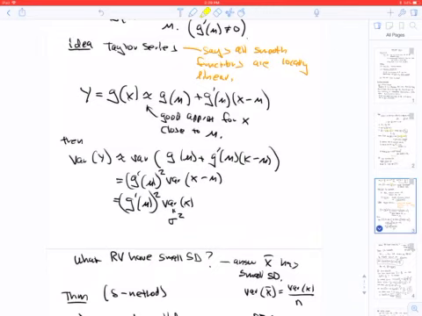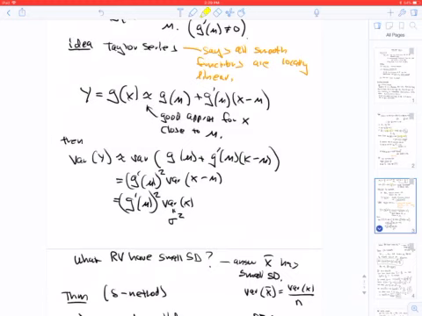So we're going to do a linear approximation for G using the first order Taylor series expansion, which is valid when X is close to mu. X being close to mu, X has a high concentration around mu when X has a small SD. That's actually the definition of a SD, because SD is the average spread around the mean.